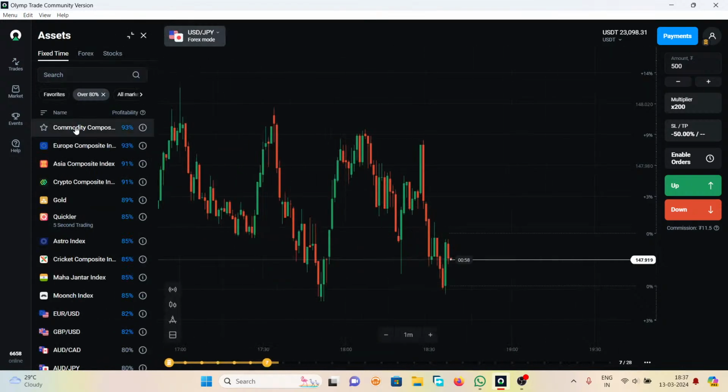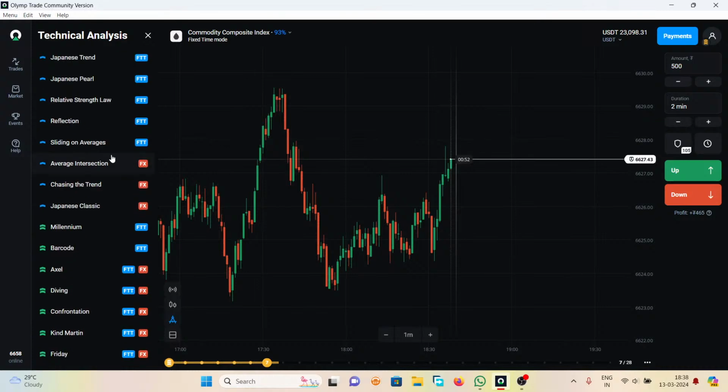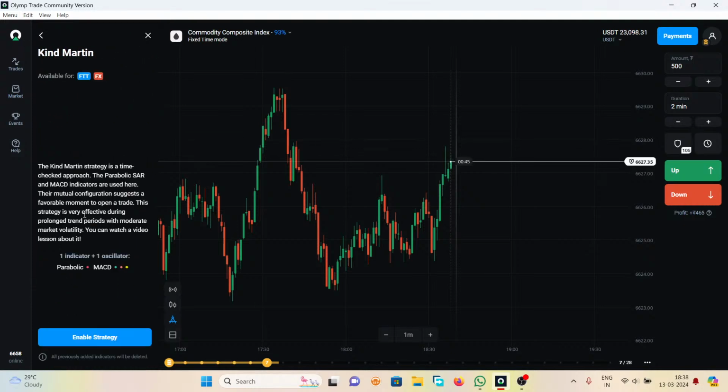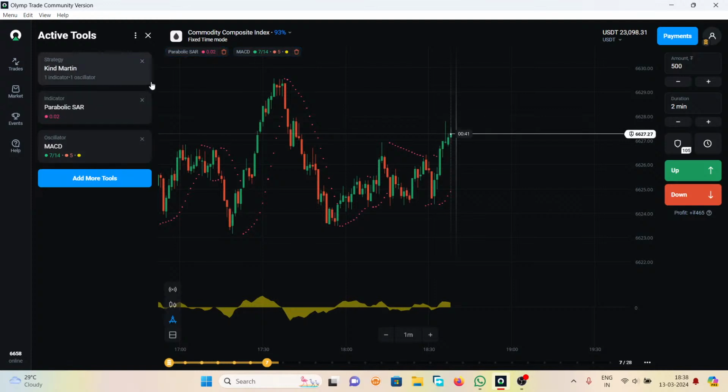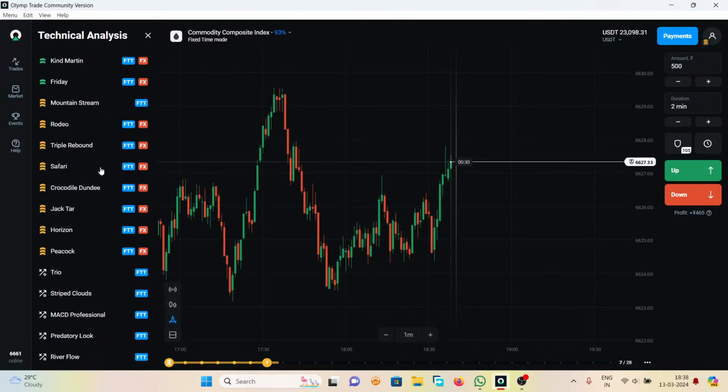So you need to go to the strategy section. Today we will discuss the Rodio. Strategies are basically combining tools which belong to indicators and oscillators. For those who don't have expert status and want to use the strategy, first of all we need to go to the Rodio.